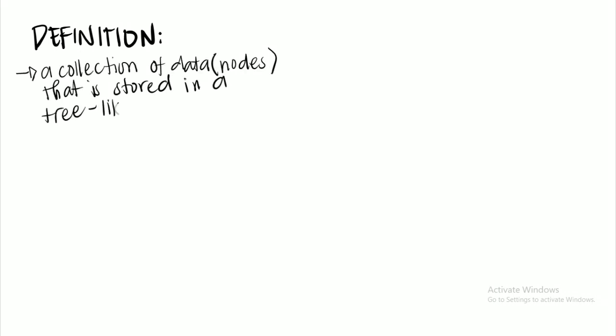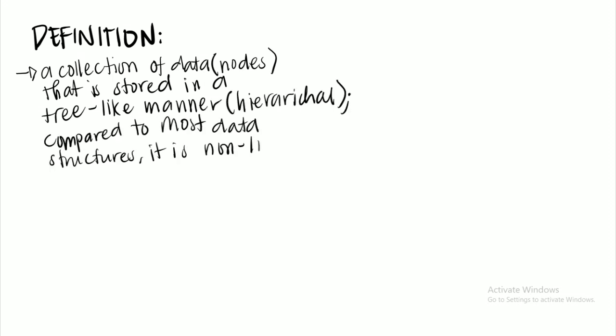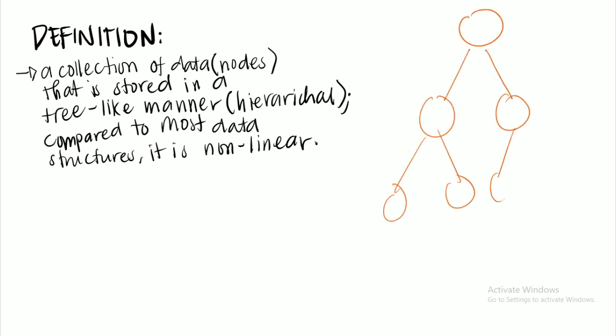If we put it into words, we define a tree as a collection of nodes that is stored in a tree-like manner. Compared to other data structures, data is not linear, which means it doesn't go in a line but goes with multiple branches.